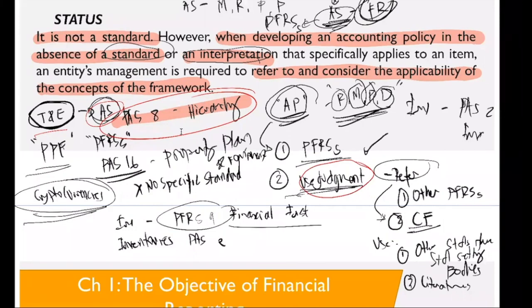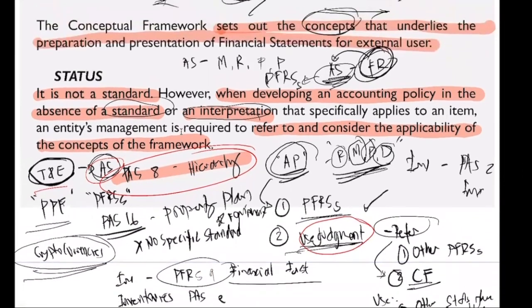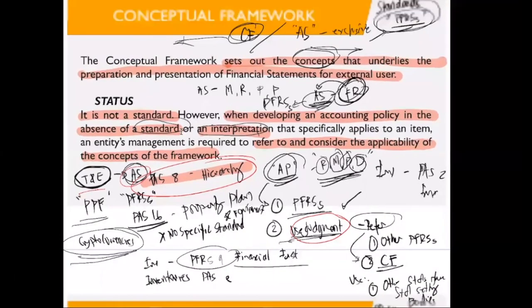Or if ever, using the standard setting body, wala pa din, you can make use of other literature. So you can use the opinions of authors, textbooks, magazines, and journals to account for that particular transaction or event.